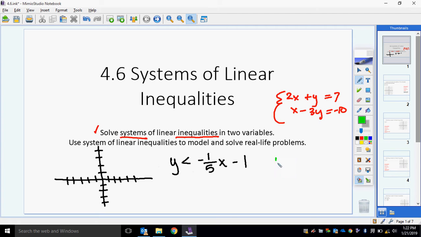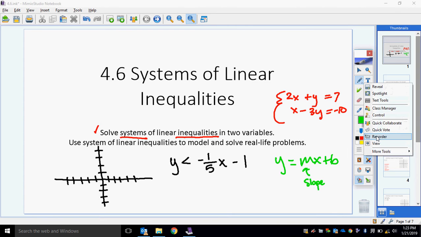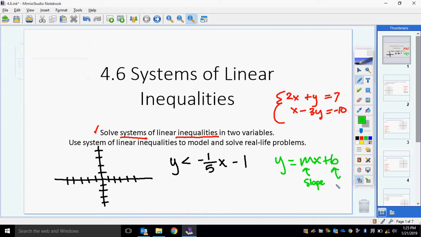So remember, we want to try to put it in slope-intercept form, where the number in front of the x is the slope, and b is the y-intercept, not the x, but the y. So we always want to plot that first point on the y-axis.